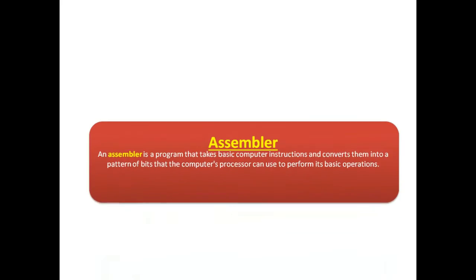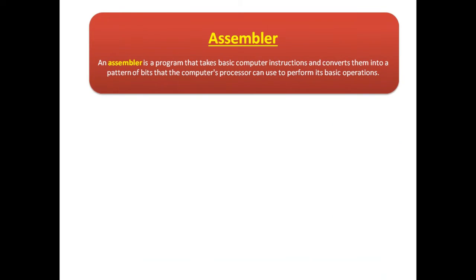If it's not, it is going to throw you a runtime error. Finally the assembler comes in, and the assembler puts on all the basic instructions given by that particular function and by the user's code: what the computer processor has to do, what logic gates have to be used, and whatever else has to be done. All those things come under this step.